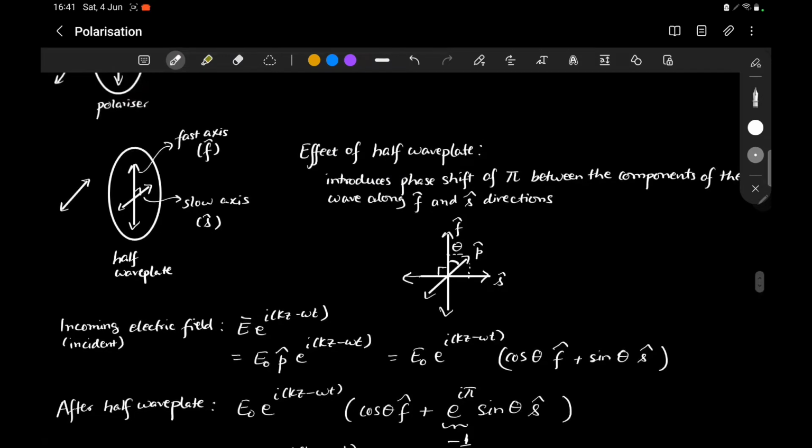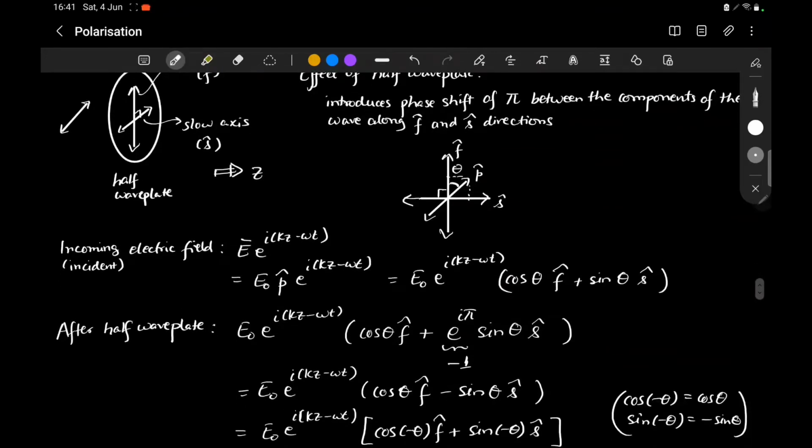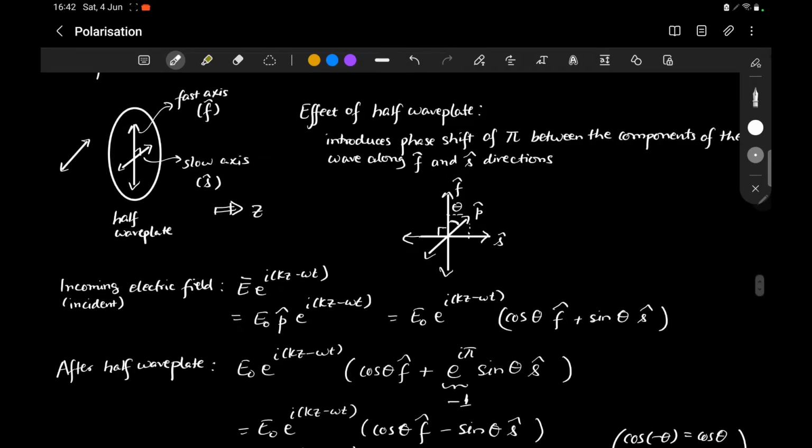So if this propagation direction is the z-axis, then essentially what the wave plate is doing is mirroring the wave's polarization vector through the plane formed by the fast axis f cap and z direction.